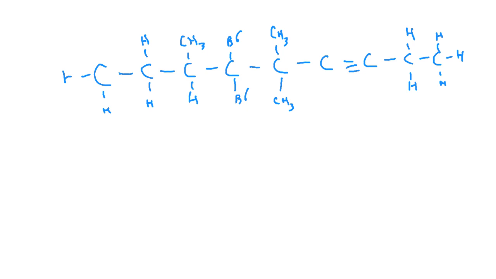First thing we do is find the longest chain. It looks like the longest chain is 1, 2, 3, 4, 5, 6, 7, 8, 9. There's definitely 9, and I see a triple bond there, so this is definitely nonyne. Now we have to find out where the triple bond is. Which is the lowest carbon? If we count from right to left, this is carbon 1, carbon 2, and carbon 3. So this forces us to count from right to left.